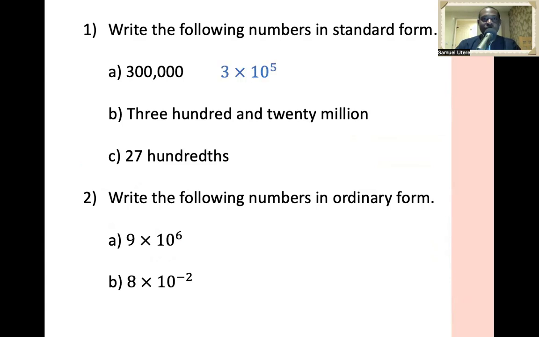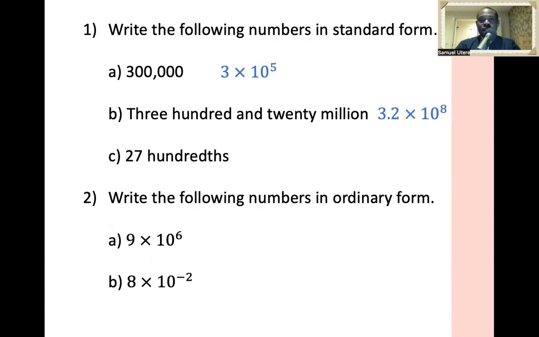Let's discuss them. So for the first one, the answer is 3 times 10 to the power 5. If you do not know how to express numbers in standard form or powers of 10, the link will be attached to this video so that you can use that to revise or review your learning.